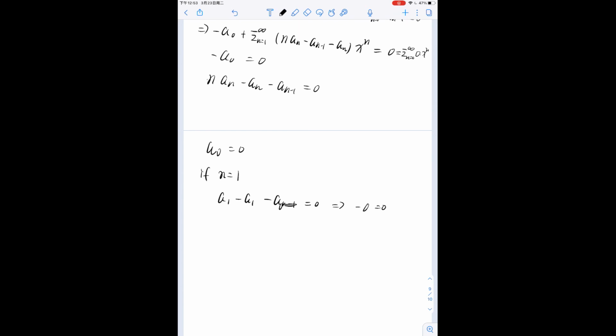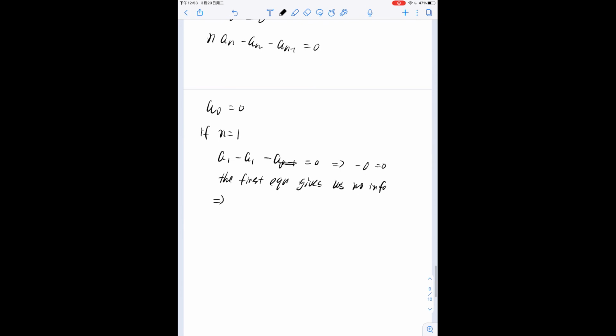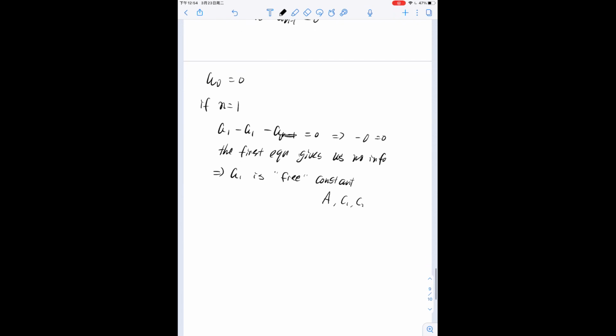That means a1 is a free constant. It's just like a or c1, c2 in the general solution of other functions.